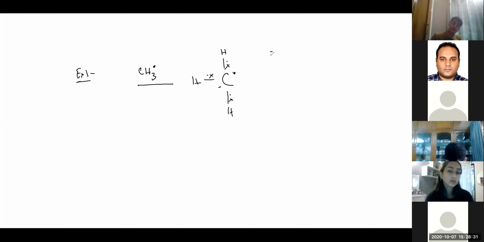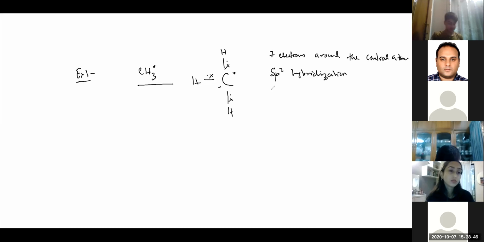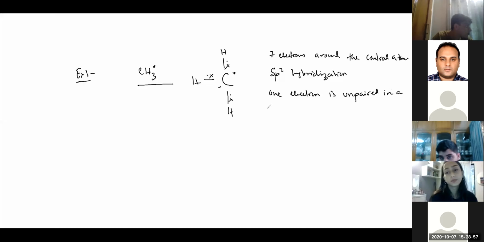It is sp2 hybridized. 1 electron is unpaired in a p orbital, making it a very reactive species.